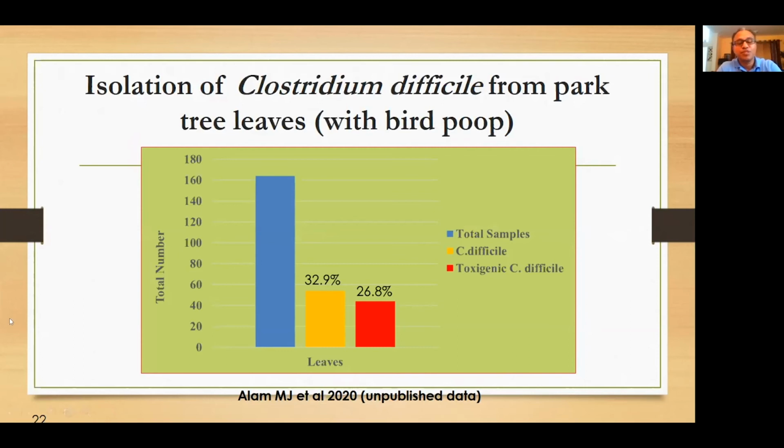From the tree leaves with bird poop, we found 33% of samples positive for C. difficile. Out of them, around 27% were toxigenic C. difficile. It means these bird poops are loaded with toxigenic C. difficile. It's a big source of this pathogen.